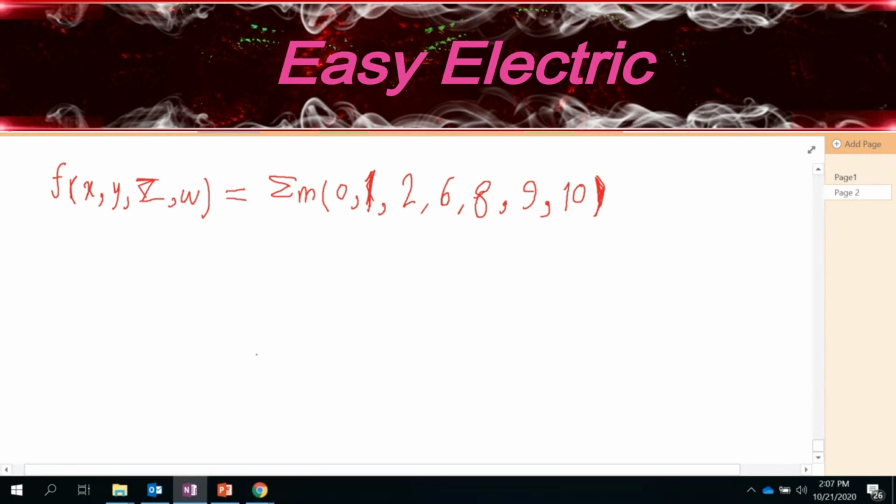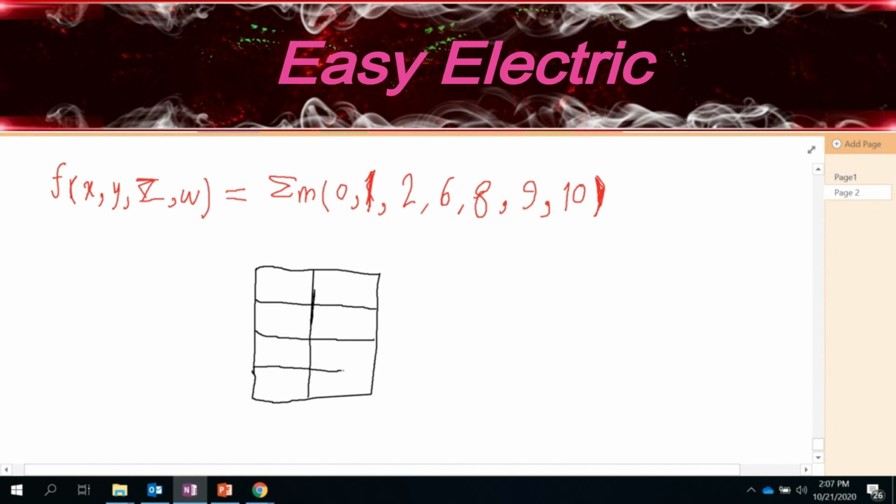As usual, we just need a table with 16 squares. So you make the K-map for the function with 4 variables. Okay. We make something like this.